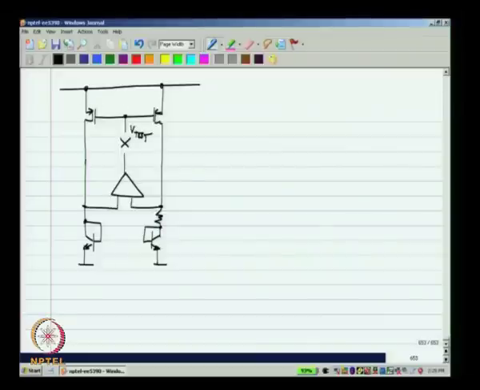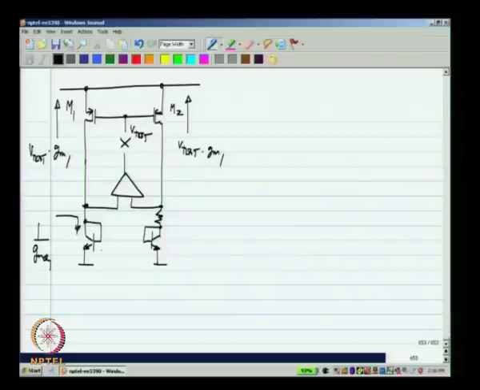I will assume that these two are identical, of course, M1 and M2. So, the incremental currents in both of them will be V test times Gm1, and the incremental voltage here will be V test times Gm1 times the impedance looking down, and that is nothing but 1 over Gm of the transistor Q1.